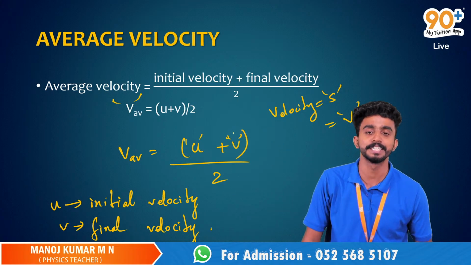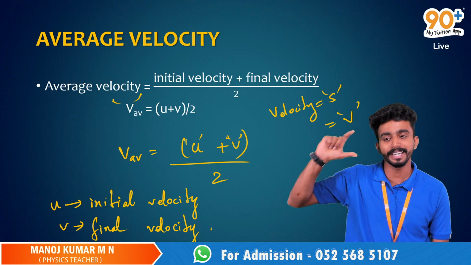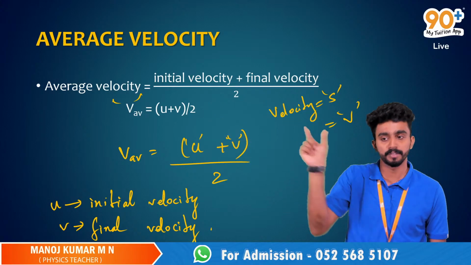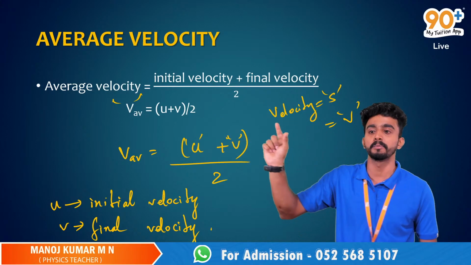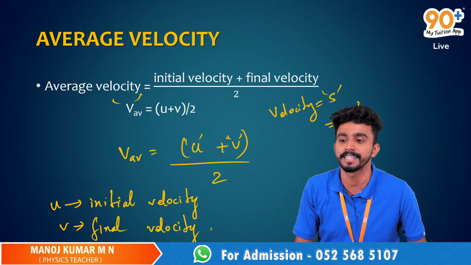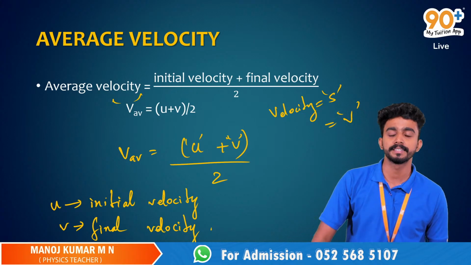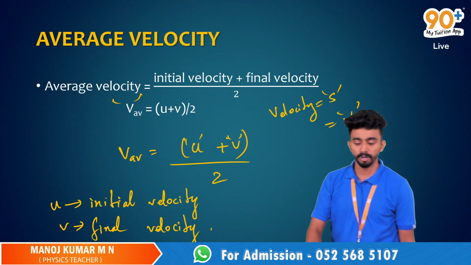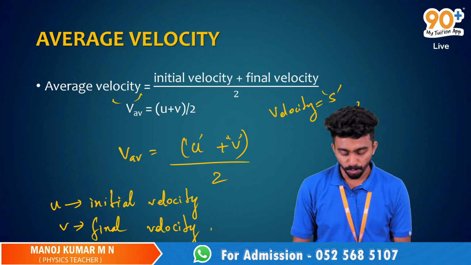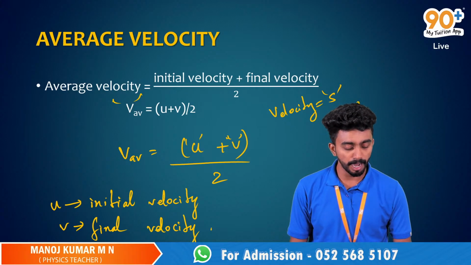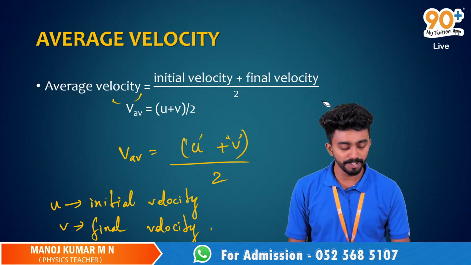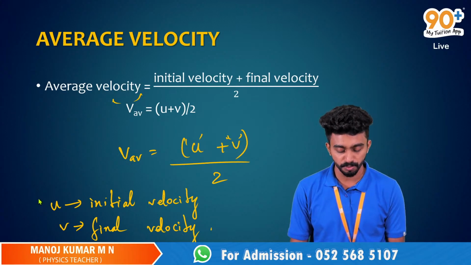For final velocity, we'll be considering the lowercase v, and for velocity, we'll be considering the uppercase V. Abid, clear?